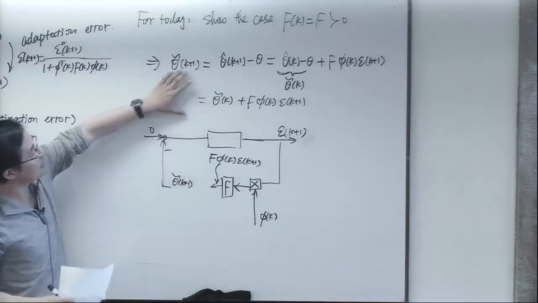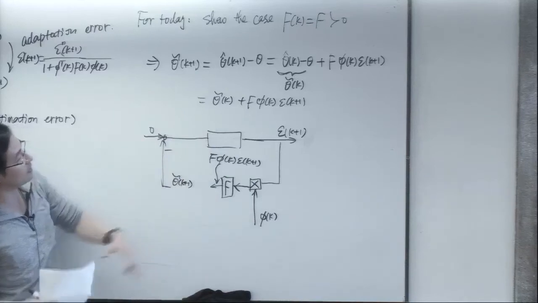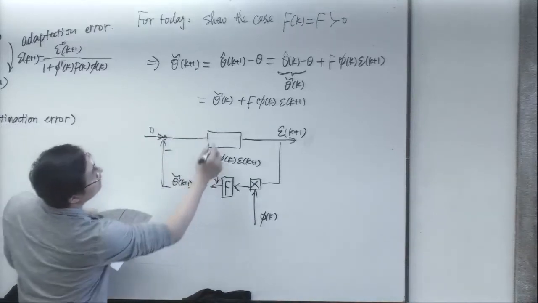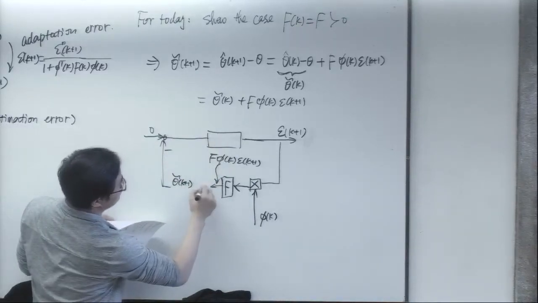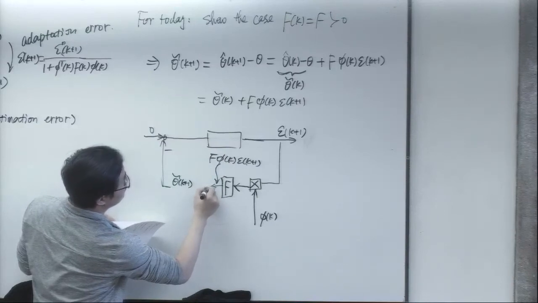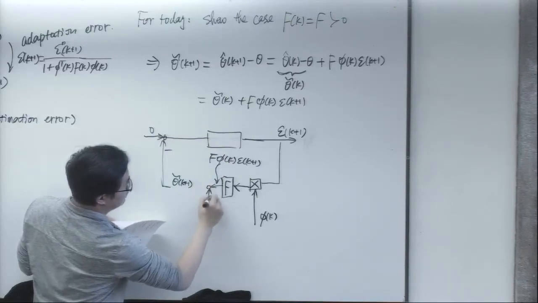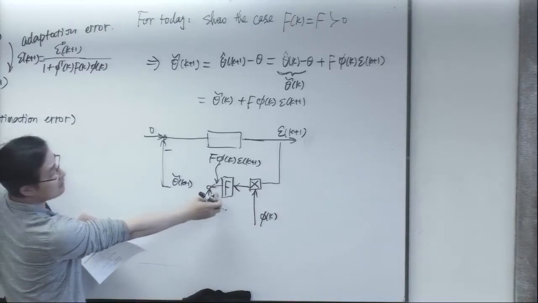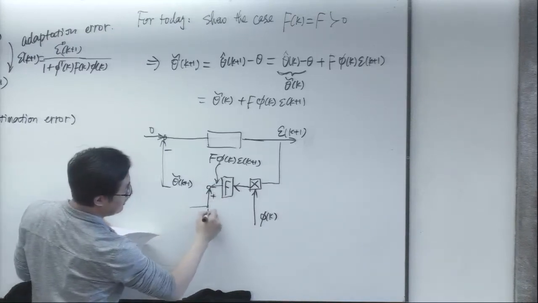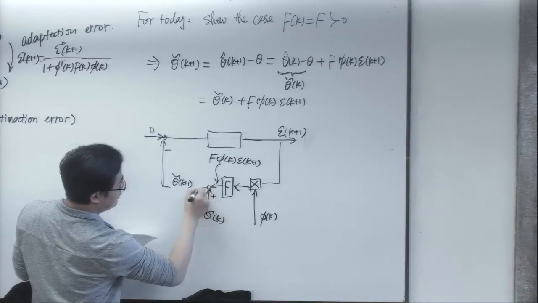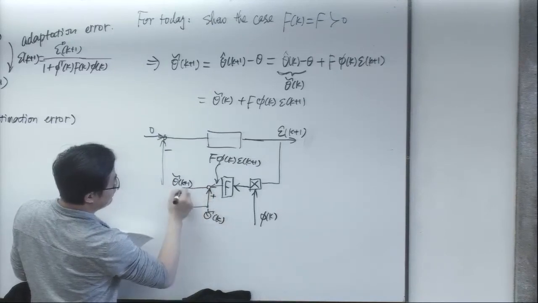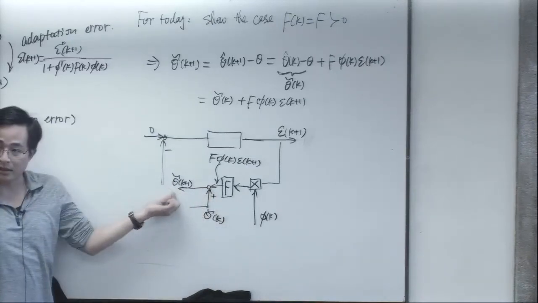I'm trying to massage this equation into the bottom over here. This term added with theta tilde k will give us theta tilde k plus 1.